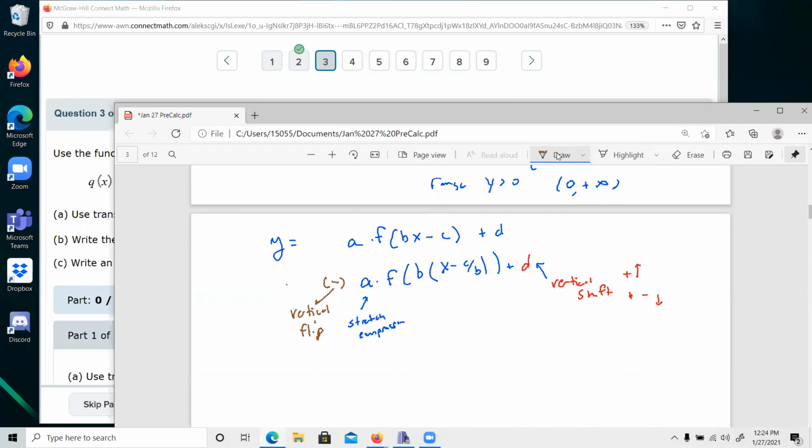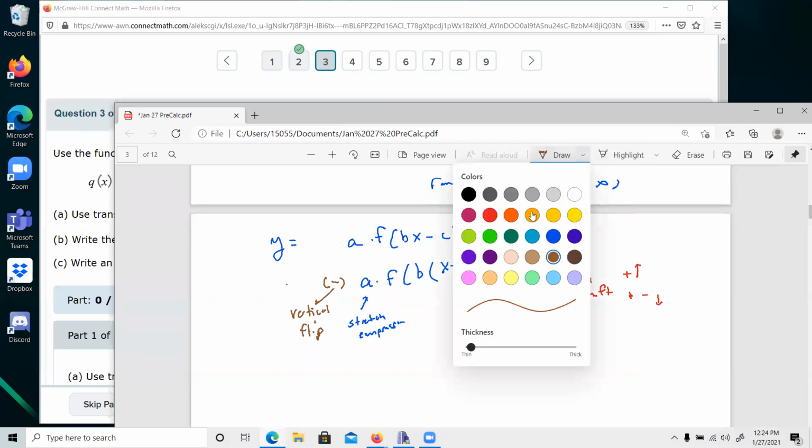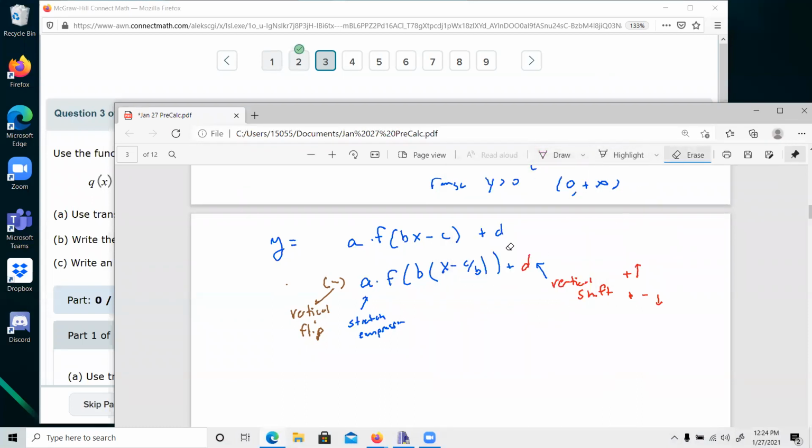Okay. Now you remember what goes on in here. So let's go ahead and I guess we can just pick for that. We'll say B. And this was a horizontal change. Right? And the horizontal always works like the opposite of what you think it ought to.